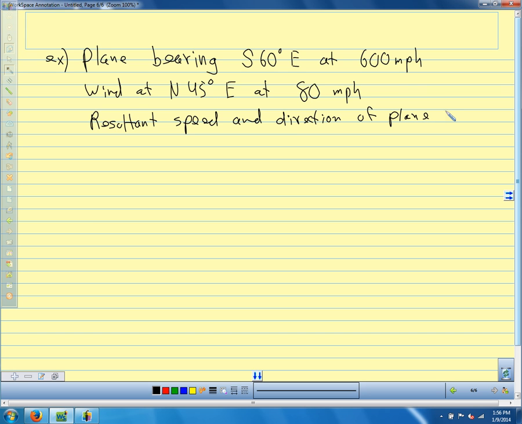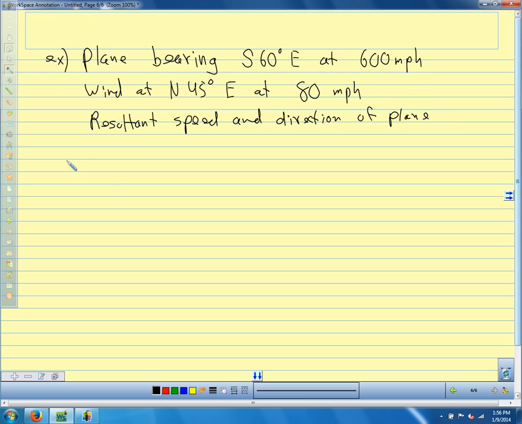And resultant, again, the resultant just means that we add all the vectors together. So we want the resultant speed and the resultant direction of the plane. So in general, when we have a problem like this, where we have two different things, we're looking for the resultant.